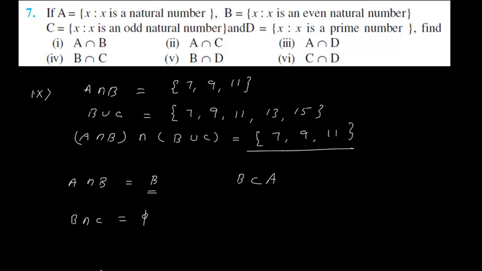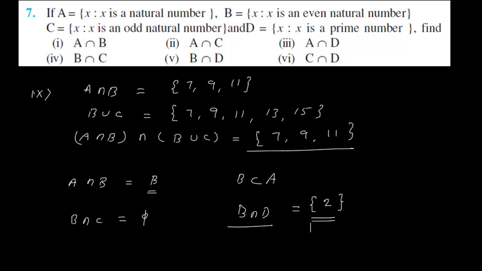B intersection D, it is even natural number and D is a prime number. So B intersection D. Now prime number and natural number, what is common? So 2 is common. There is 2, the only even number, which is prime number. And C intersection D. So we have to check the odd numbers which are prime number.